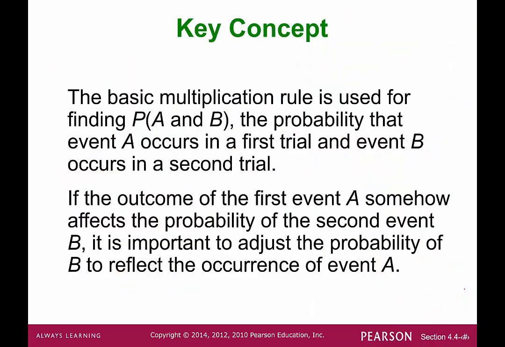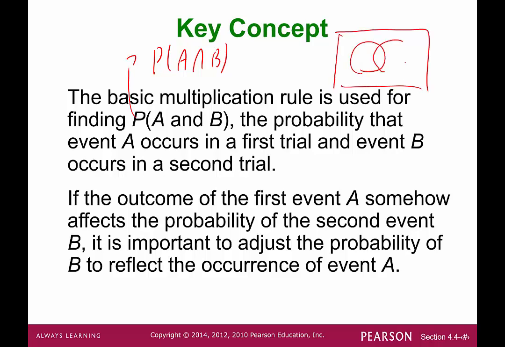Now let's take a look at basic concepts of the multiplication rule. Basically we focus on P(A and B). You can also say this is A intersect B. A intersect B is the common section of the Venn diagram. It's both A and B occurring at the same time.